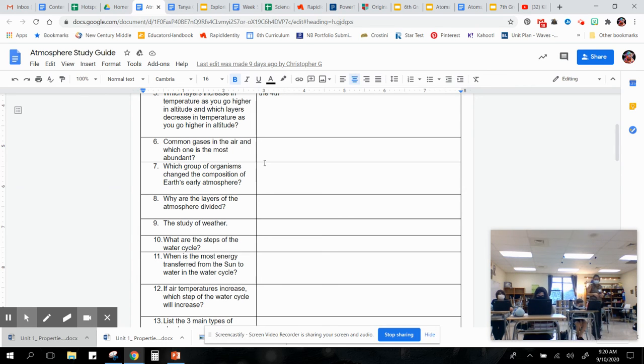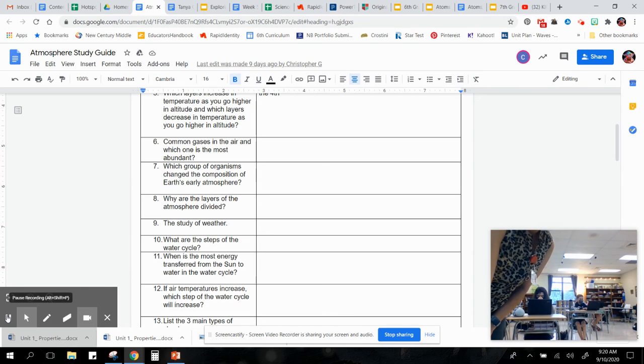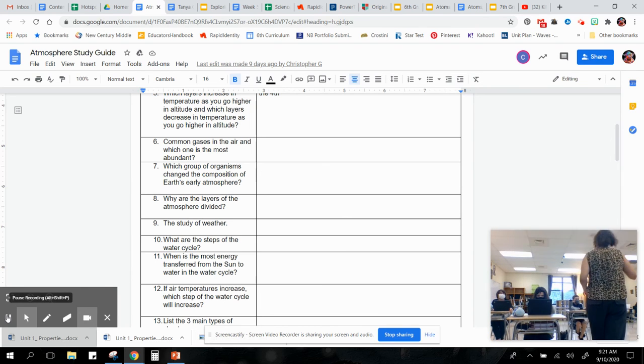Okay, think about the video that you just watched. What are those gases that are in the air, and which one is the most abundant of those gases? If you want to look at the activity that you just did with the dots, okay, you can see which of those dots is the most abundant in the atmosphere. Which color?